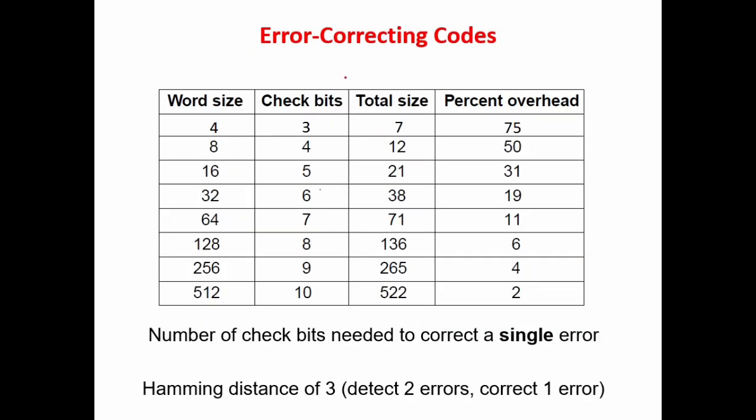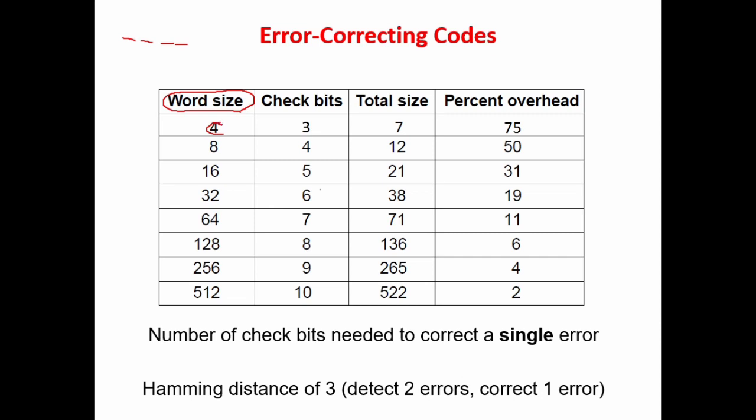But here you can see the table that is useful. In general, this is the length of the information that we want to pass. If the length of the information is 4, this means the information that we want to send consists of 4 bits. Could be 0 or 1, no matter, this is given.